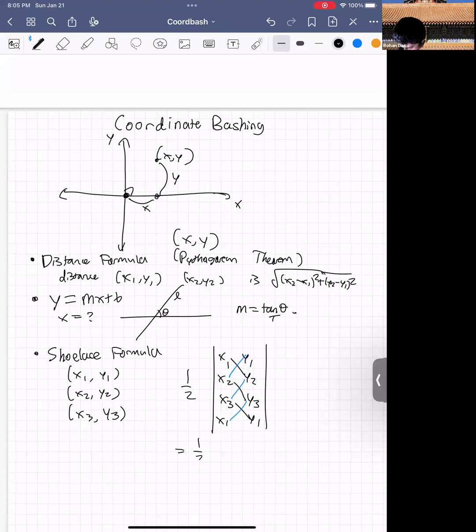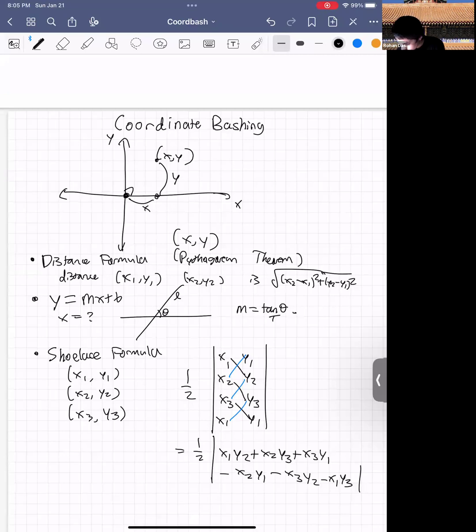So the area is 1/2 of the absolute value of x1y2 plus x2y3 plus x3y1 minus x2y1 minus x3y2 minus x1y3. Here we use absolute value signs by convention, although sometimes you might want to consider whether the area is positive or negative. But that is not something that is going to be needed for this lecture.